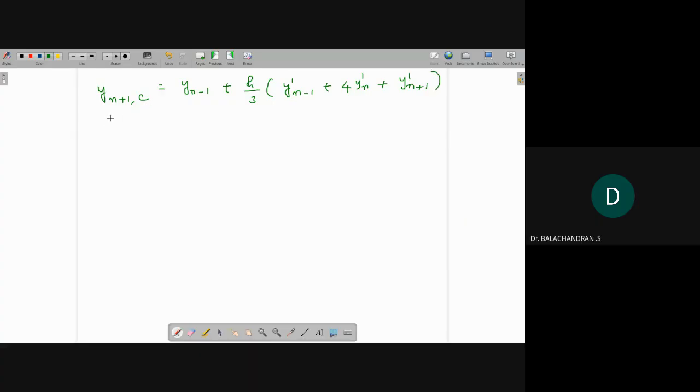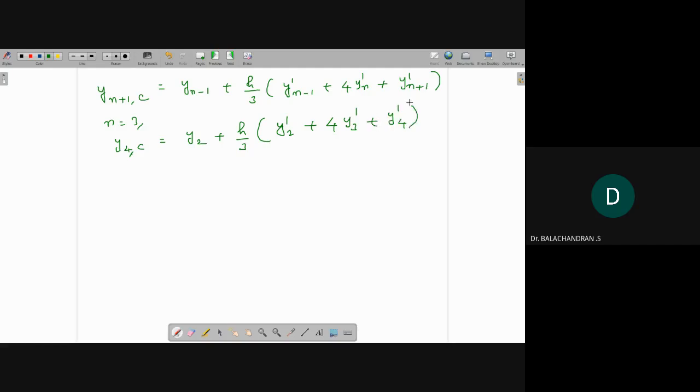Now here I need to substitute n equal to 3 again. So y4 comma c is equal to, 3 means y2 here, plus h by 3 into y2 dash plus 4 y3 dash plus y4 dash.